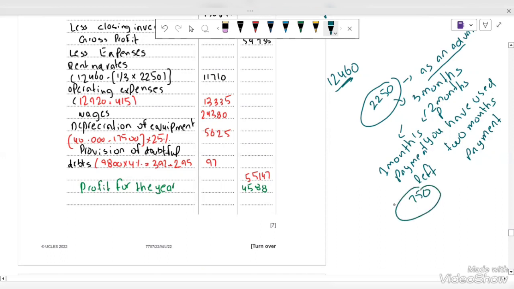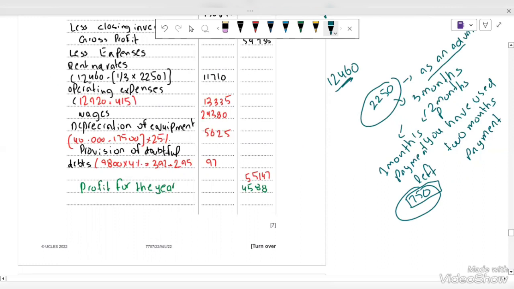You can say to your landlord to pay back our 750 for the month because we don't want to continue our operations in your factory. We want to leave your factory and start operations maybe in some other place.